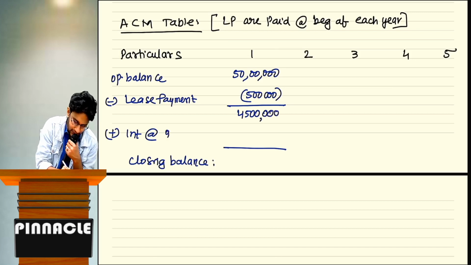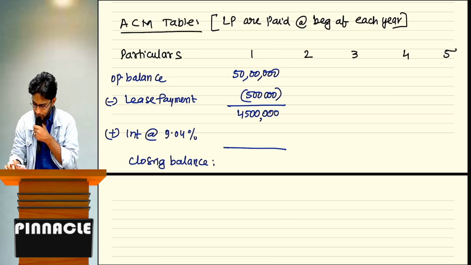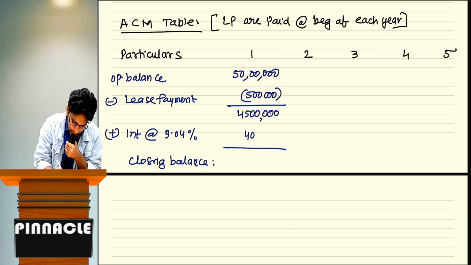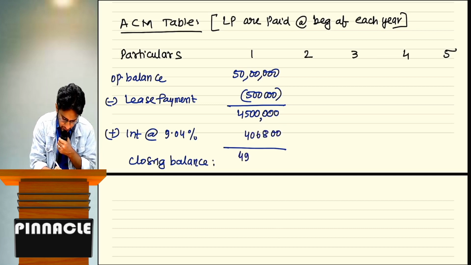On that 45 lakhs, 9.04% interest. That comes to 4,06,800. So this will be 49,06,800.